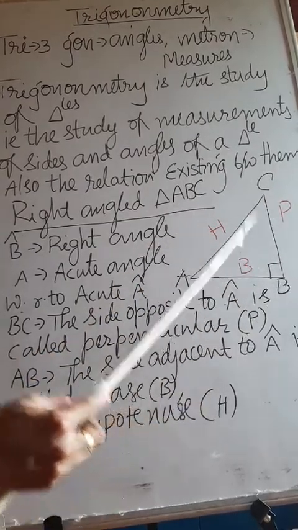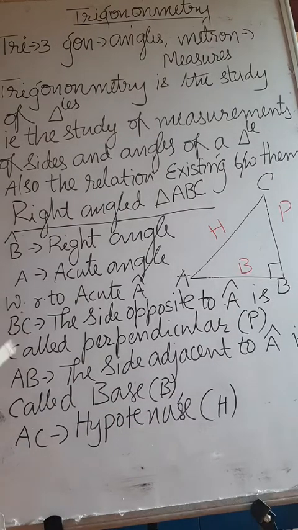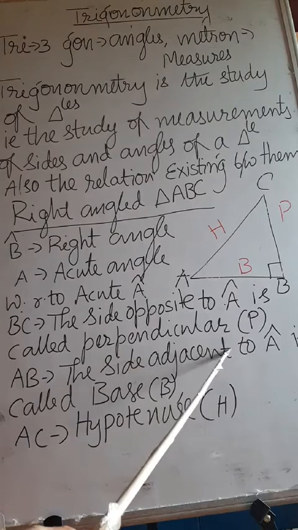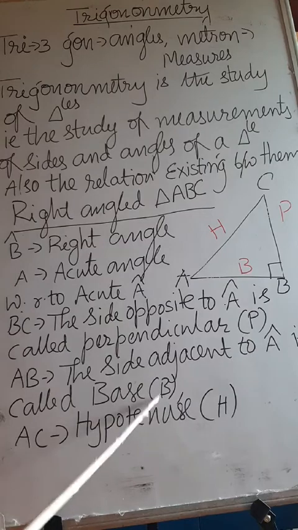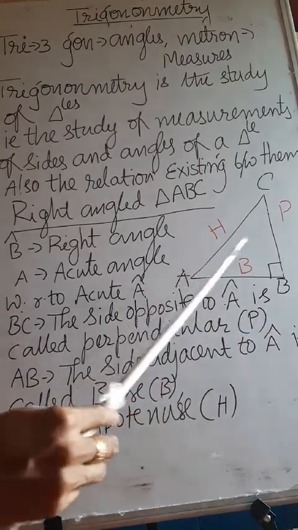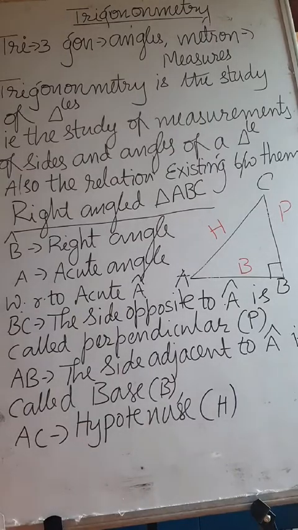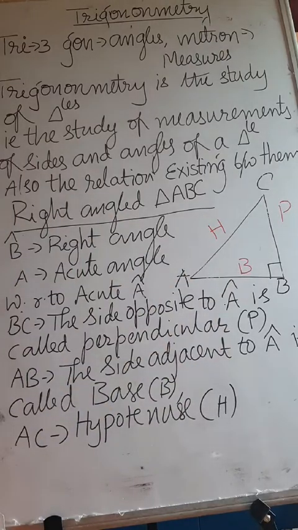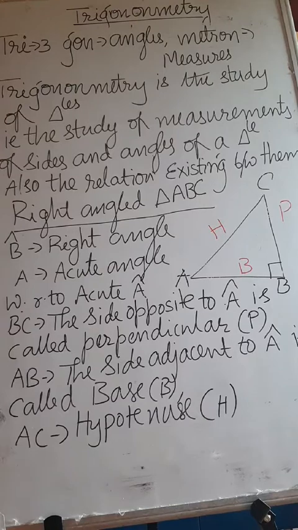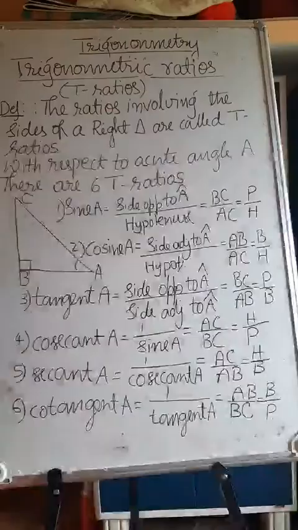AB is the side adjacent to angle A, it is called the base, and it is represented by the letter B. BC is the perpendicular opposite to angle A, and it is represented by the letter P. And the hypotenuse is represented by the letter H. Therefore, these three terms, perpendicular, base, hypotenuse, are very important in the concept of trigonometry.